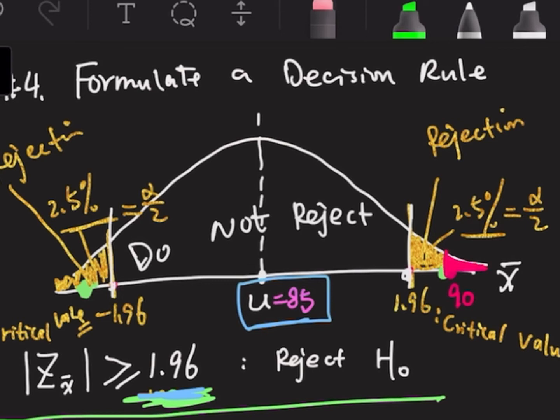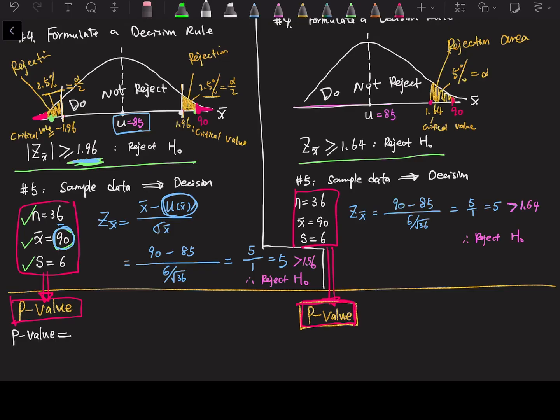This red area, times 2. So that's the p-value. In equation form, the p-value equals 2 times the probability that x bar is as extreme as or more extreme than the computed x bar, 90.